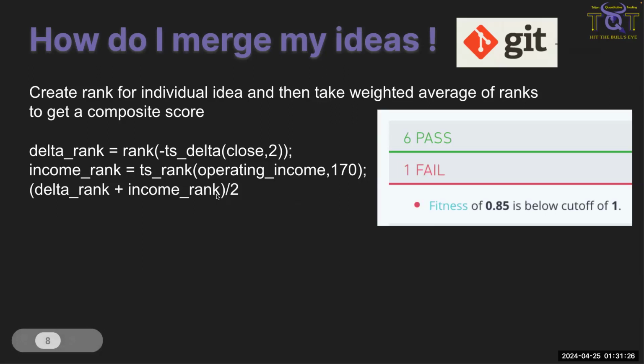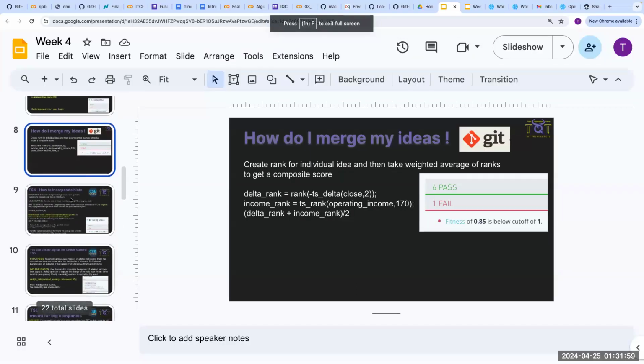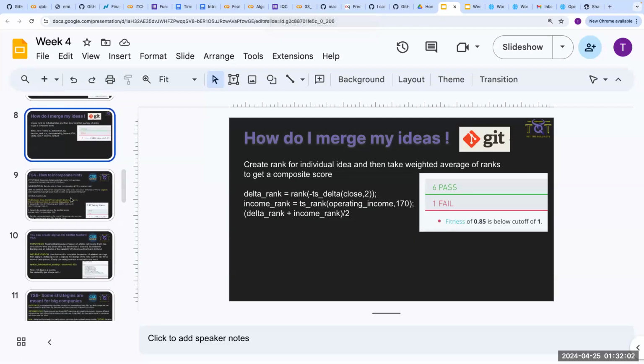If you think that one parameter is more important than the other, what you can do is multiply, let's say, 2 to the income rank and divide by 3. So you are basically weighing the income twice as much as your delta. Changing those weights can help you incorporate your intuition on how to improve the alpha, right? If you weigh more on some parameter, then it's more profit generating. You don't have to do crazy numbers. You just have to think about, okay, 2 3, or what kind of weighted average would be best.